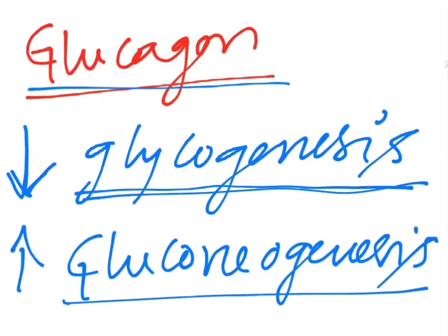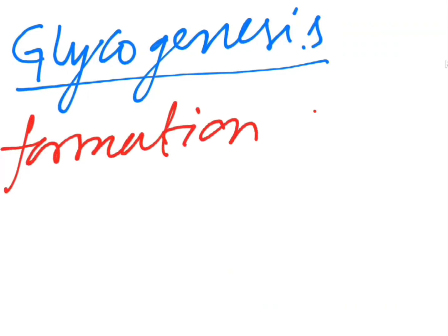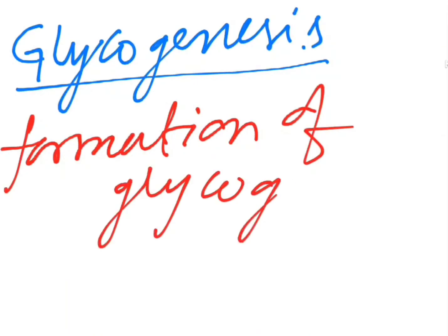These two are the important points which you have to remember. Gluconeogenesis is the formation of glucose from non-carbohydrates, and glycogenesis is the formation of glycogen.